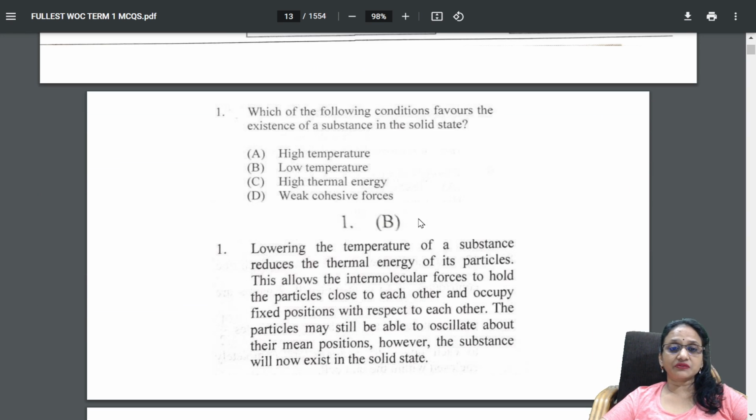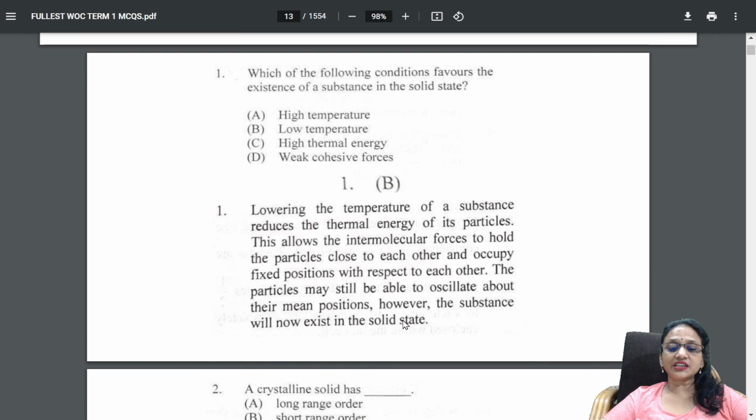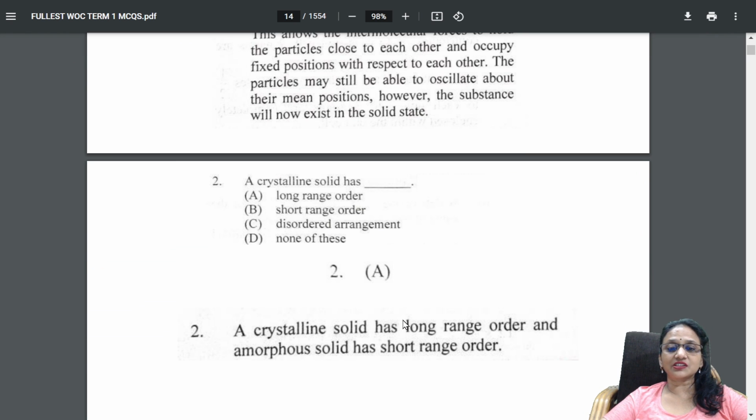For every question, for example, which of the following conditions favors the existence of a substance as solid? Okay. When something should exist as a solid, what is required? Low temperature, because it's going to hold the molecules together and make them rigid. I have given the question, the answer, and the reason also. If I go to the next question, a crystalline solid is what?